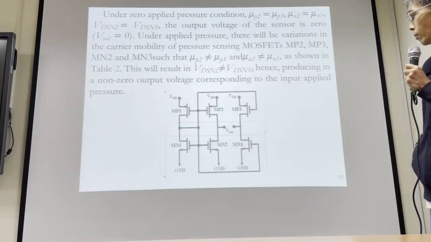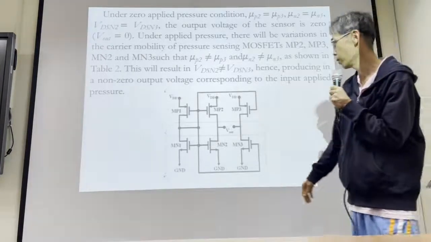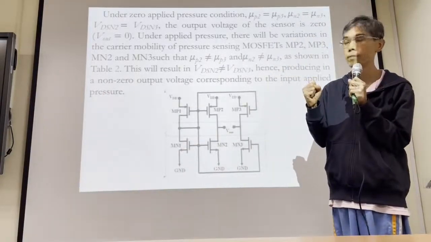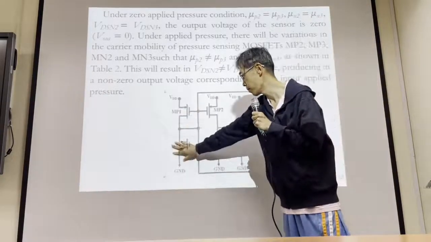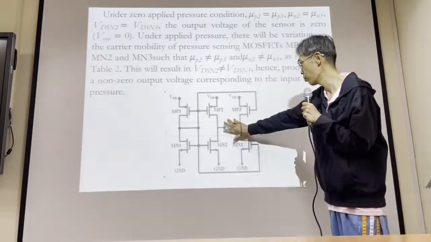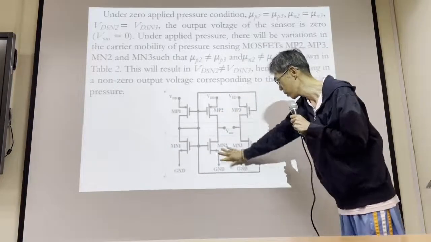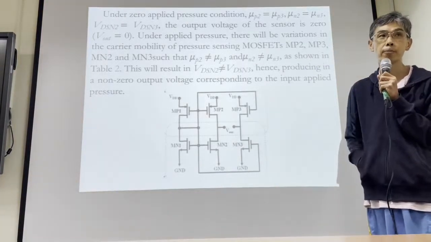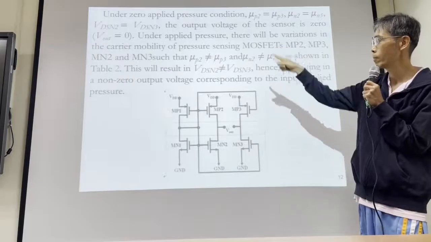Remember, MP1 and MN1 are on the substrate, so they are not influenced by the external pressure. Only this area will be influenced by external pressure. Bill, could you read this?